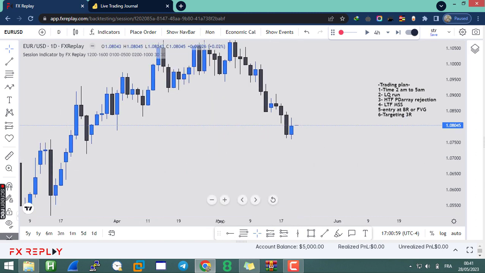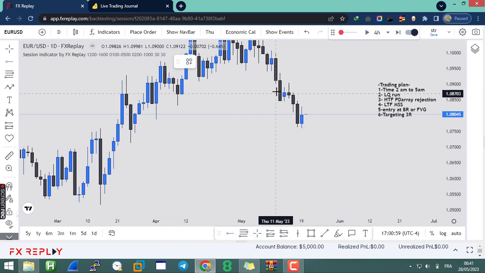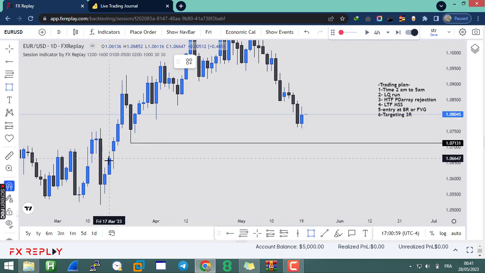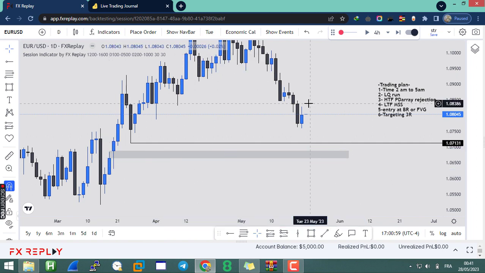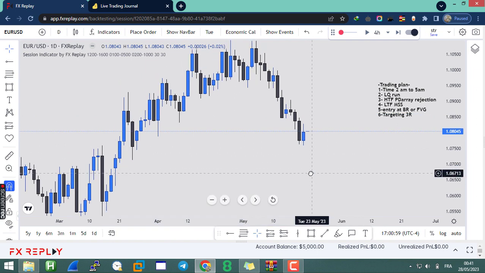On the daily, I believe we still have room to drop, maybe to this side here. We have the volume imbalance, and this is a gap. So basically I still want to see lower prices. That's all I want to do on the daily. I don't like to spend much time here. Let's go to the 4-hour.